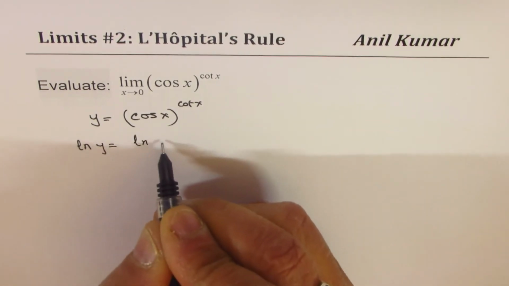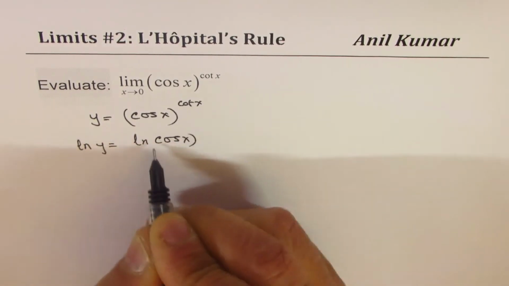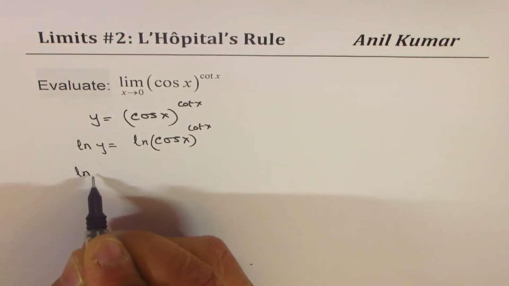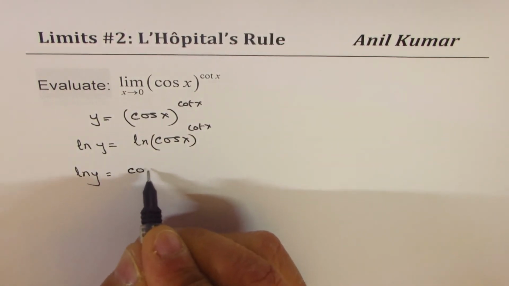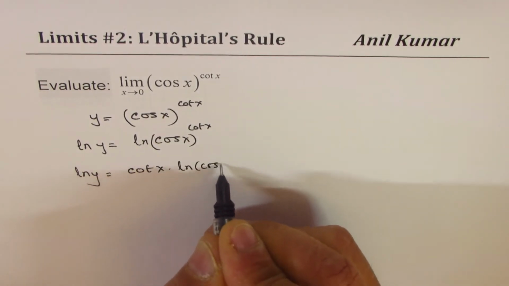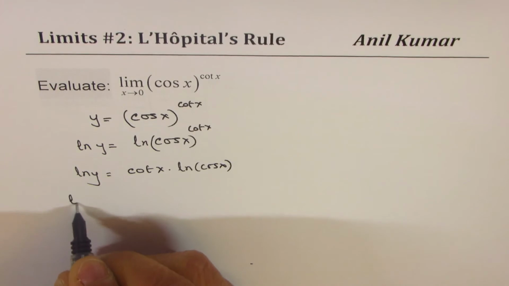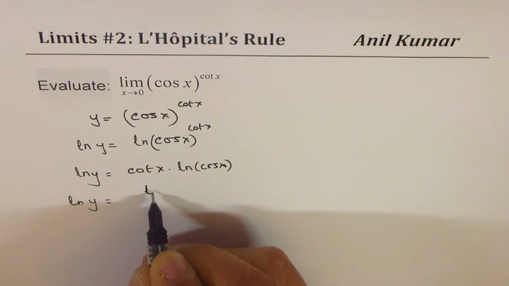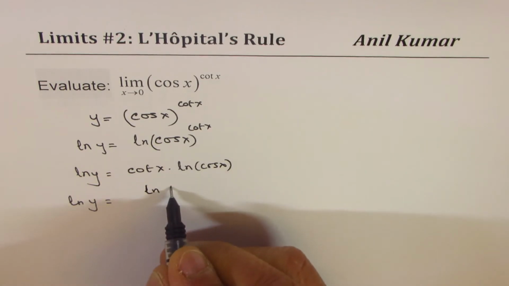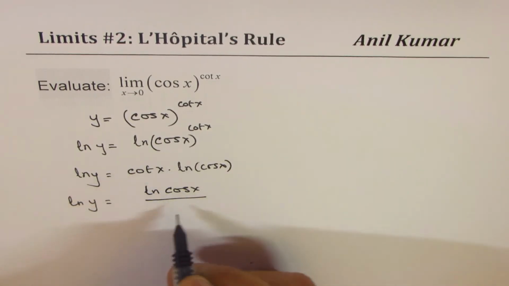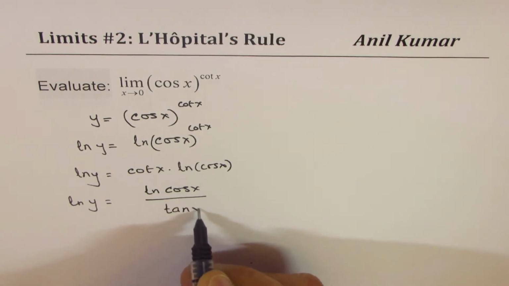So we get ln of cos x to the power of cotangent x, or we can say ln y equals cot x times ln cos x. And this could be written as ln y equals ln cos x over, since cotangent is 1 over tan, tan x.